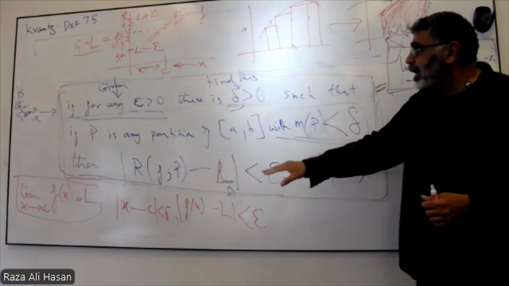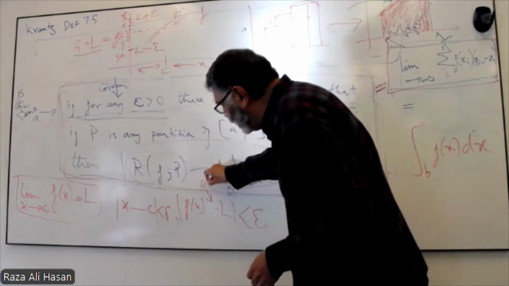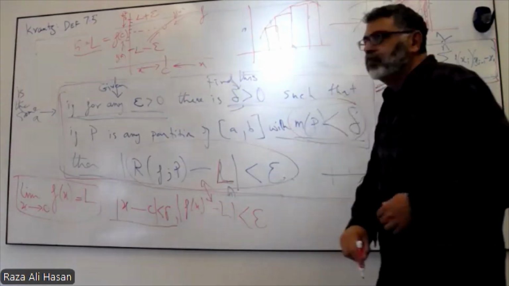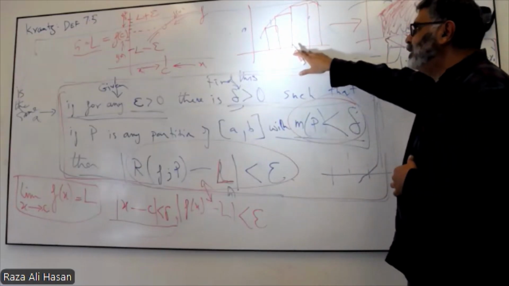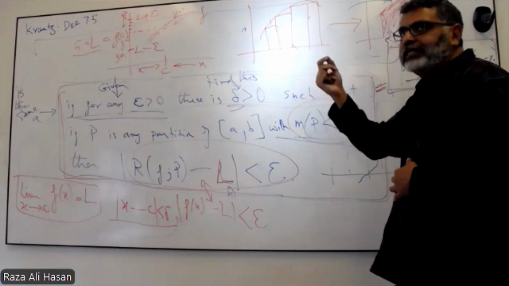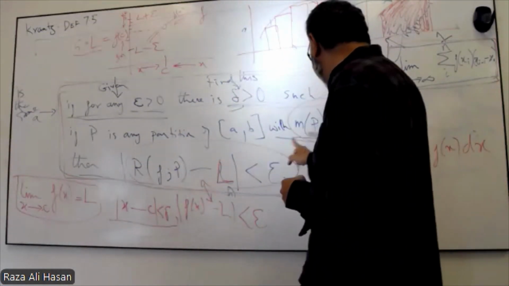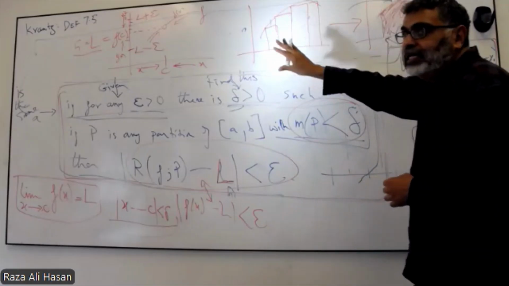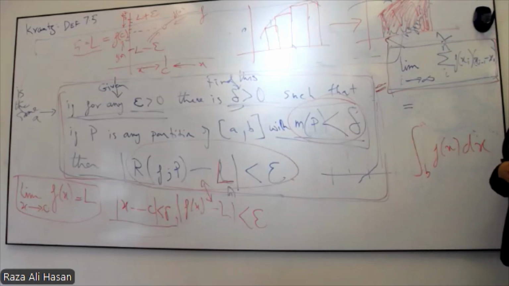When the width of the largest rectangle goes towards 0 or is less than a very small positive number known as delta, then what you actually have is not rectangles, but the exact area under the curve, not an approximation.